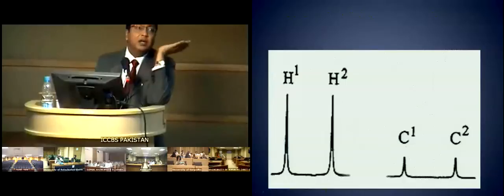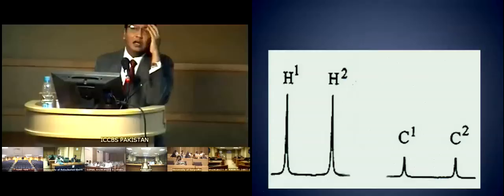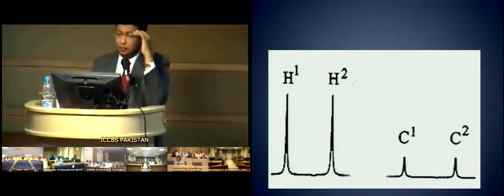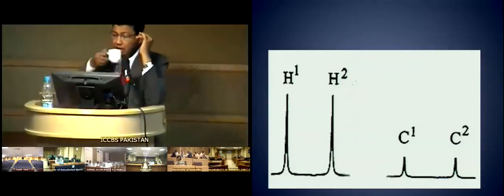This is the normal case without any polarization transfer, ignoring the natural abundance. This is the population which you would be able to see.